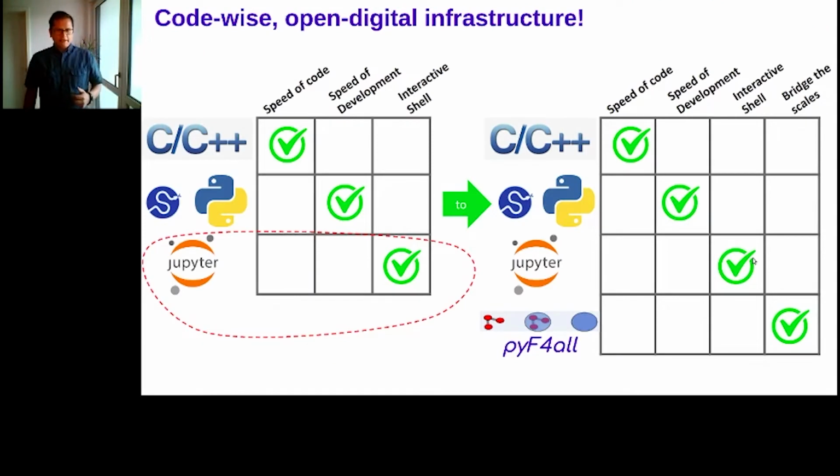So currently, on the left side of the slide, we can see where the molecular simulation packages are moving now. Many of them already have some interfaces or an API in Python.